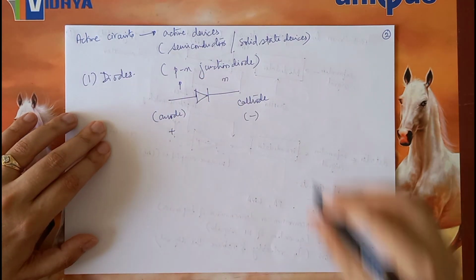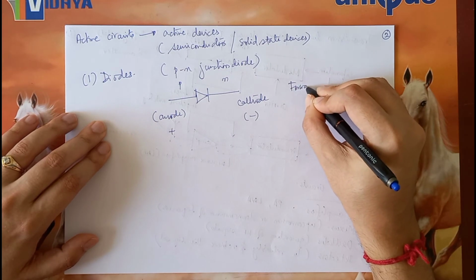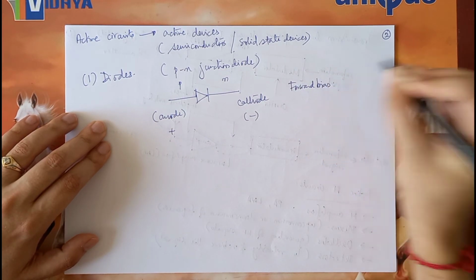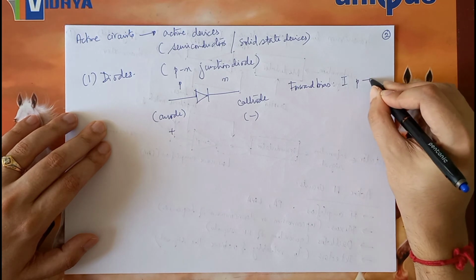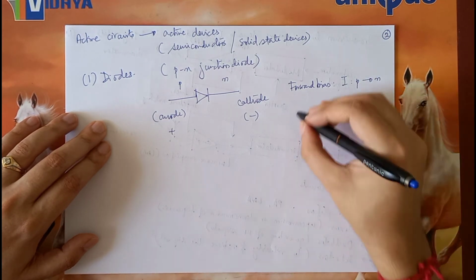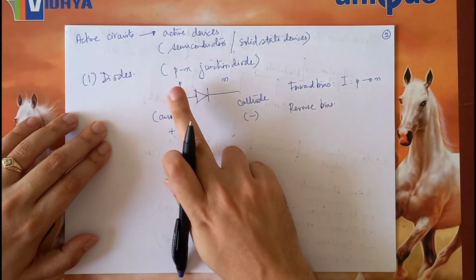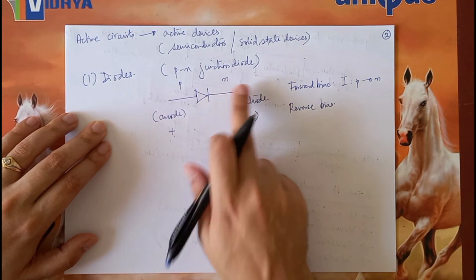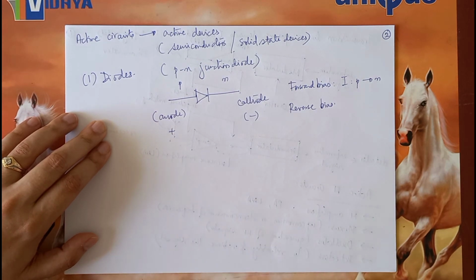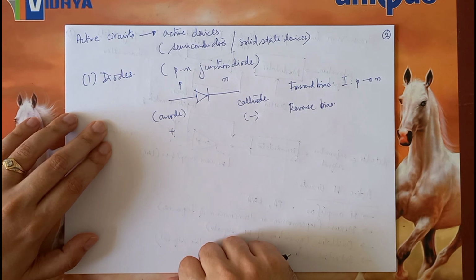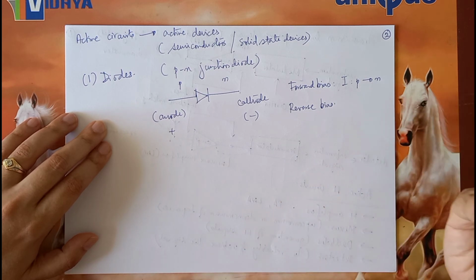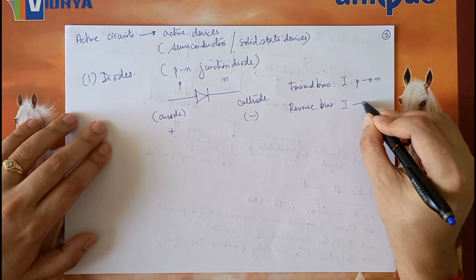So current flows from P to N. Whereas in the reverse bias, that is when the voltage difference between the P and the N terminals is less than the built-in potential of the PN junction, there is ideally no current. The current essentially tends to zero.